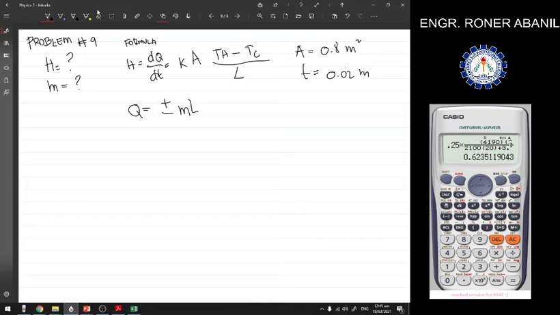So, yung K naman is pwede nating makuha doon sa table 17.5. So, sa libro nyo.